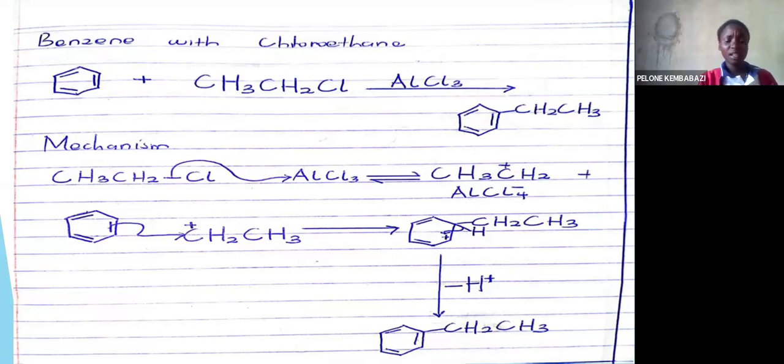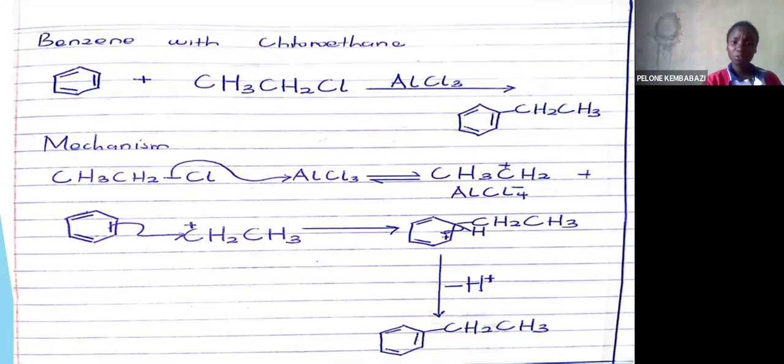So for this case, benzene with chloroethane, you would remember that this is an alkylation, which is an electrophilic substitution reaction, whereby you can say that the alkyl group from chloroethane substitutes hydrogen in the benzene ring.